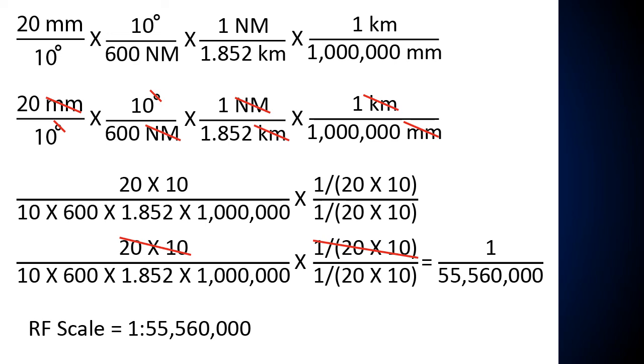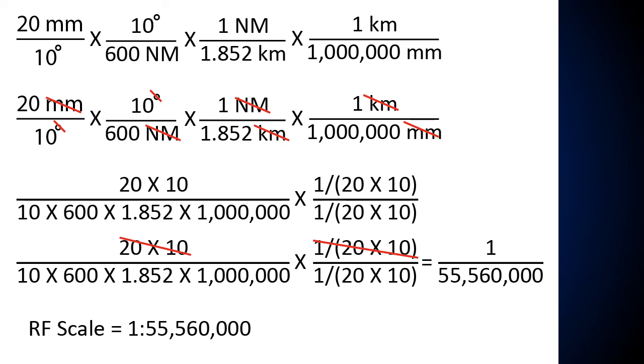We can then cancel the units millimeters, degrees, nautical miles, and kilometers so that there are no units. We then divide the numerator and the denominator by the value of the numerator, and this makes the numerator 1.